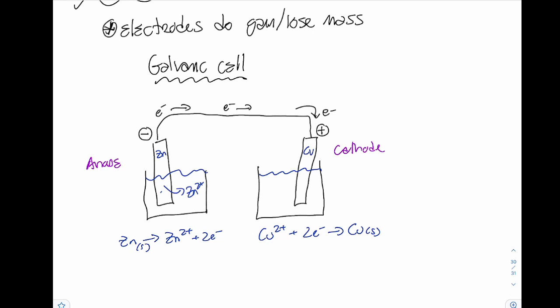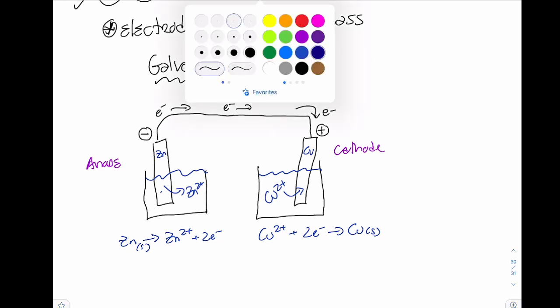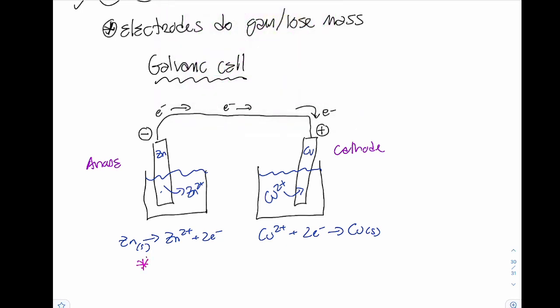So it's actually going to gain mass. These copper 2+ ions are being attracted towards that electrode and being converted to copper. So zinc here loses mass. And maybe we should write that up by the electrode. It's the anode. It's going to lose mass. And my cathode is going to gain mass.